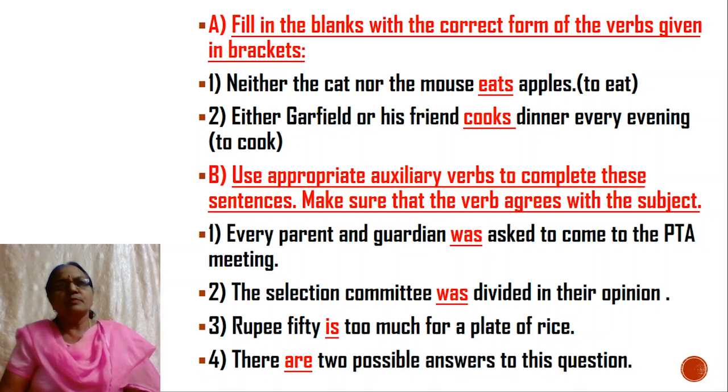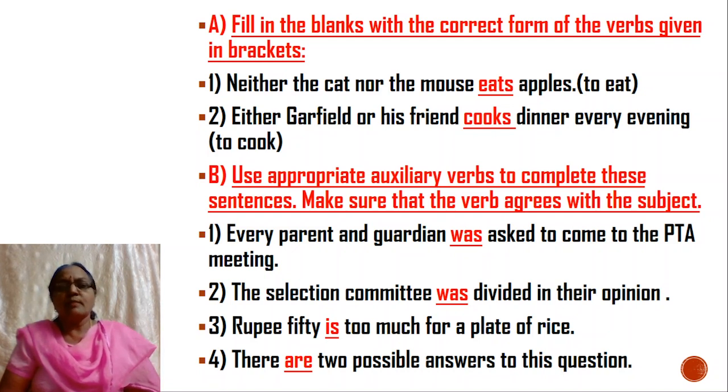For example, Gautam is walking. Okay? Now, at the same time, if your subject is plural, it requires a plural verb. Like Gautam and Gauri are walking. I think you understand now what the agreement of the subject with the verb is.